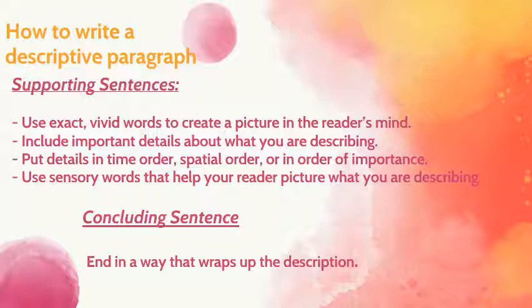I have to put the details in the correct order, maybe time order, maybe spatial order, or in order of importance. It depends on what I'm describing. And also I have to use sensory words, words that are related to the senses. If you remember, seeing, hearing, tasting, smelling, and touching. Why? To help the reader picture what I'm describing. Okay? So these are what we call sensory words or sensory details.